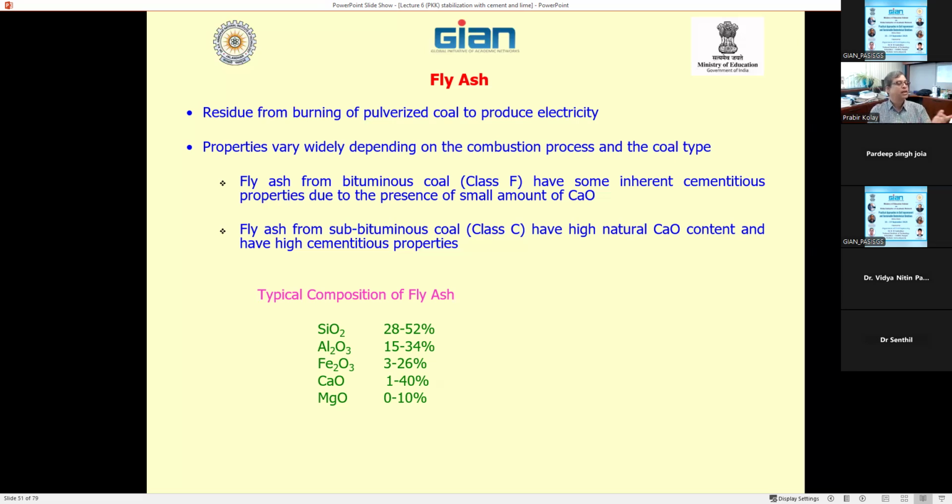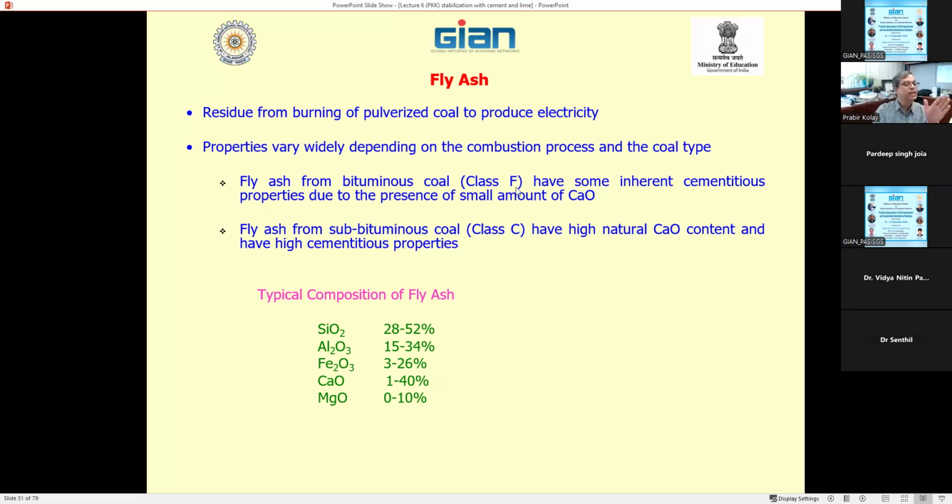So we don't want that. Still, people are using it, and the reaction mechanism is the same whether you use it in soil or in concrete: the alkali-silica reaction, calcium silicate hydrate, and calcium aluminate hydrate.